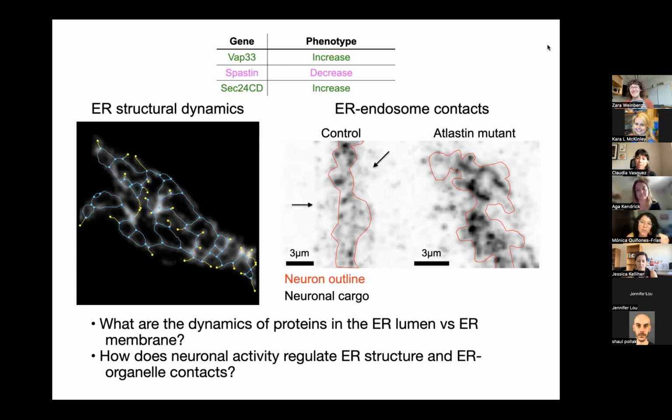If I express markers to label the ER and endosomes at the same time, and these are overexpression, it actually leads to this crazy phenotype where you get these huge blobs of both ER and endosomes. So it's definitely messing up these compartments in the cells. But it's something I'm really interested in, because having a sensor to determine where these sites are in the control, and then seeing in the mutants if there are more or fewer contacts, would be great to answer this. But it's work in progress.